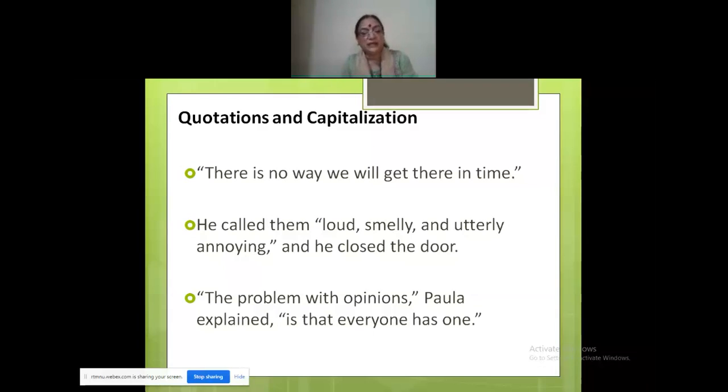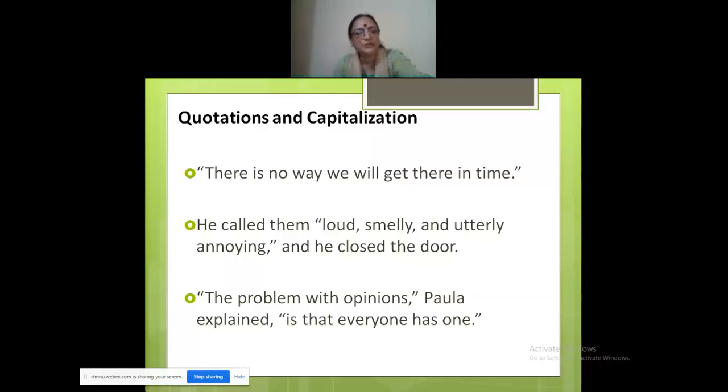So there are 3 rules that are displayed on the screen now. How to connect? The first rule was that within the quotation marks, the first letter is capitalized and the punctuation mark is also within the quotation marks.